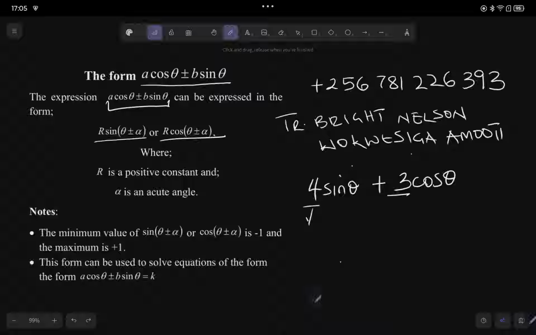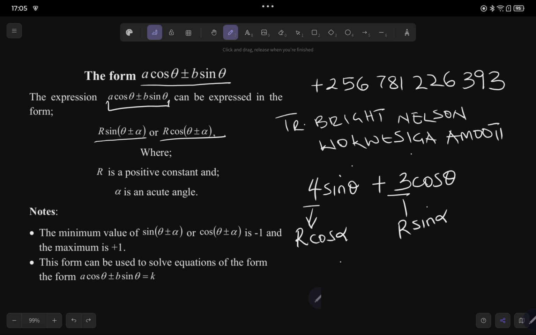It is okay if you want this to be in terms of sine theta plus something, then this should be r cos alpha, and this should be r sine alpha.